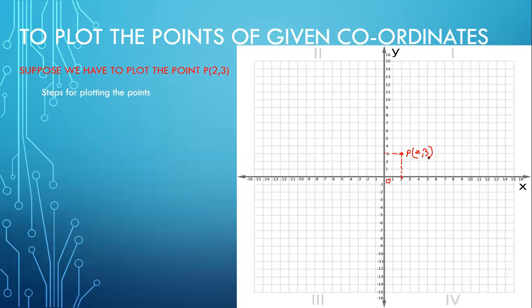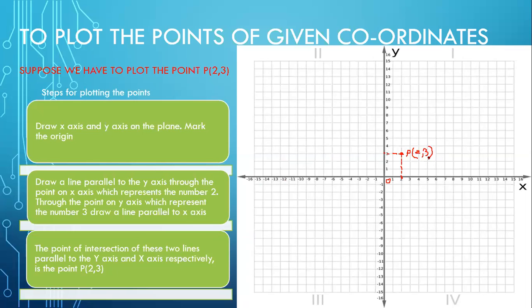So let us quickly revise the steps for plotting the points. Draw the x-axis and y-axis on the plane. Mark the origin. Draw a line parallel to the y-axis through the point on the x-axis which represents the number 2. Through the point on the y-axis which represents the number 3, draw a line parallel to the x-axis.